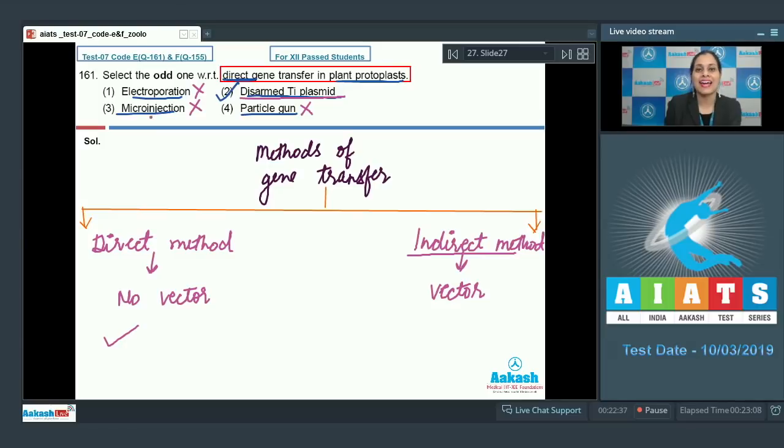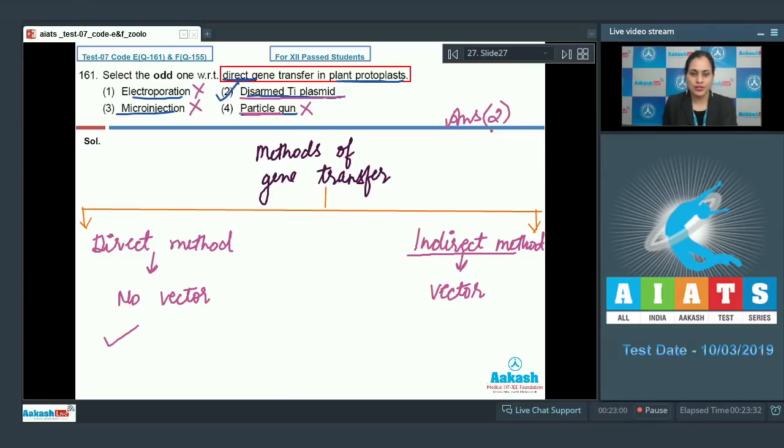In particle gun, also known as ballistic or gene gun method, cells are bombarded with high velocity microparticles of gold or tungsten coated with DNA. So these are the direct methods and the incorrect options. The correct answer to this question is option number 2.